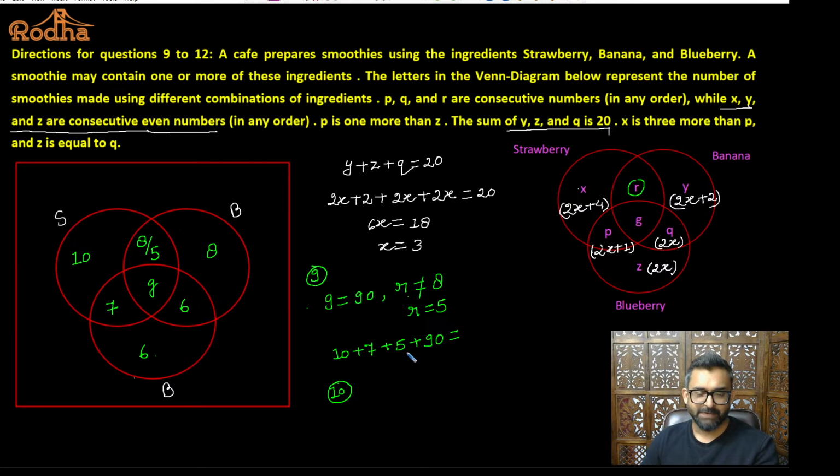Yes or no? 10 plus 5 is 15, plus 7 is 22, plus 90, how much will it come to? 112. I had written G like a 9, so I thought it's 9. I'm sorry. Will that be okay? Fine. So this is 90, G being 90. 90 plus 7 is 97, plus 10 is 107, 107 plus 5 is 112. That will be my answer.